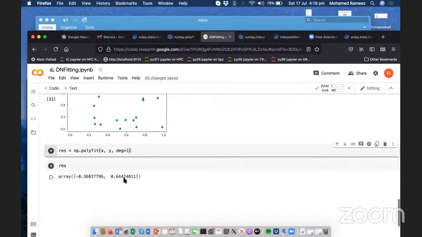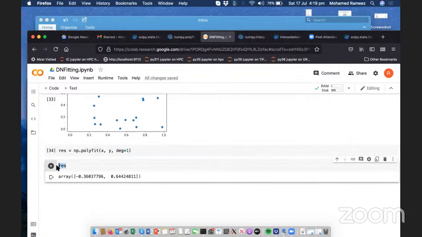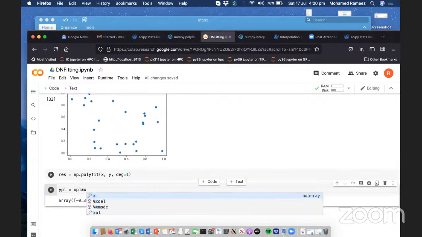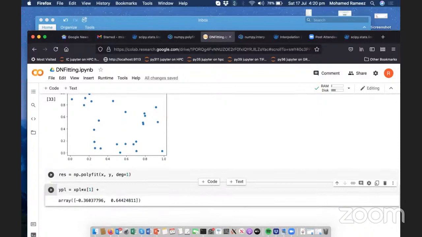That is because I gave it a degree of 1. So now let us try xpl. We already have xpl. ypl equals xpl star res of 1 plus xpl star res of 0 plus res of 1. I believe this is the way to go about it.